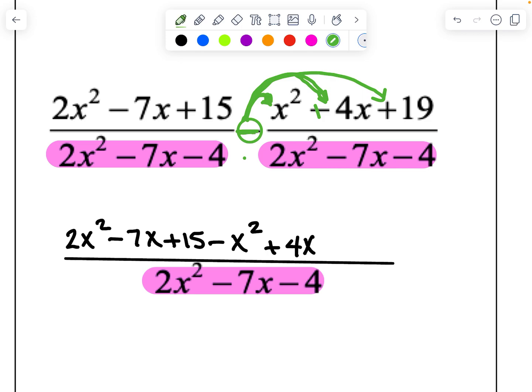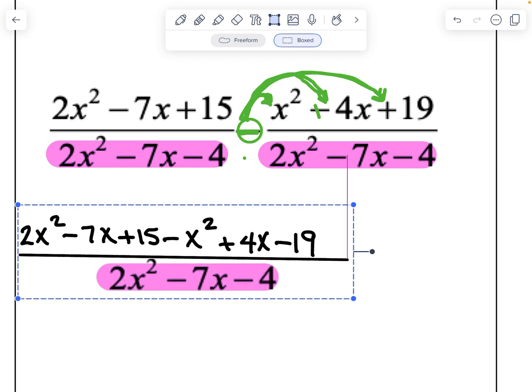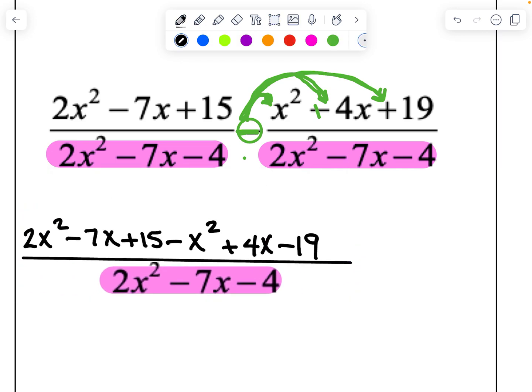And then this negative sign right here is going to take what seems to be a positive 19, and record it as a negative 19. Okay? And now we are going to combine like terms of the numerator.